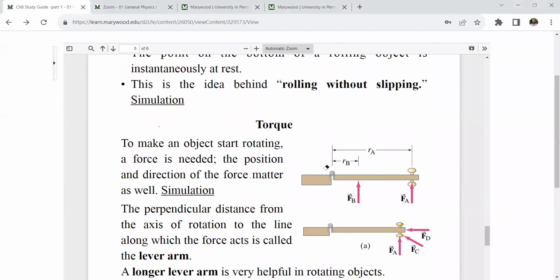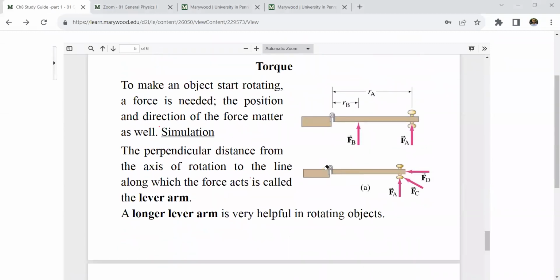Now let's talk about torque, and that's the last thing for today's lecture. We have a few more things that we will be learning in the next lecture. Now torque is very similar to force.